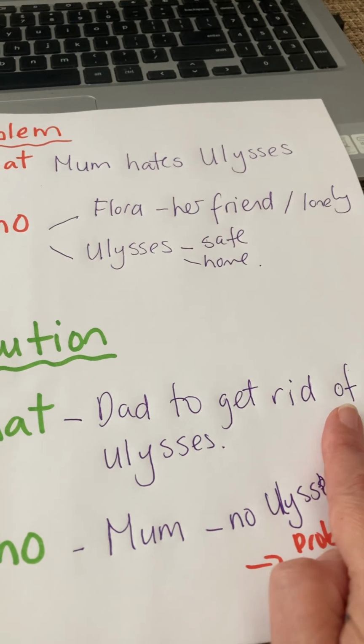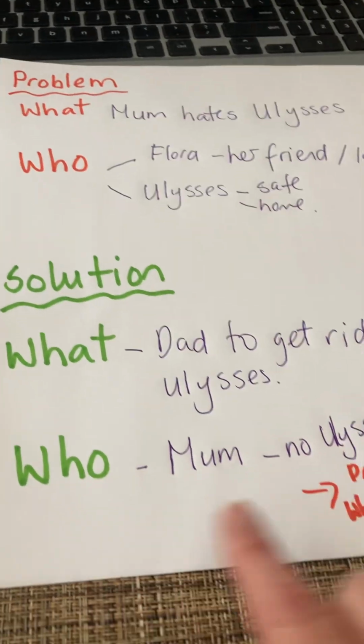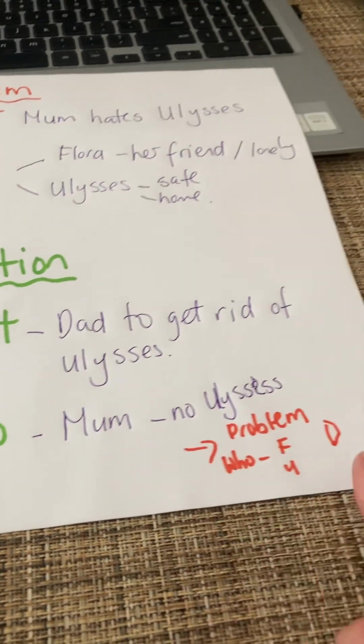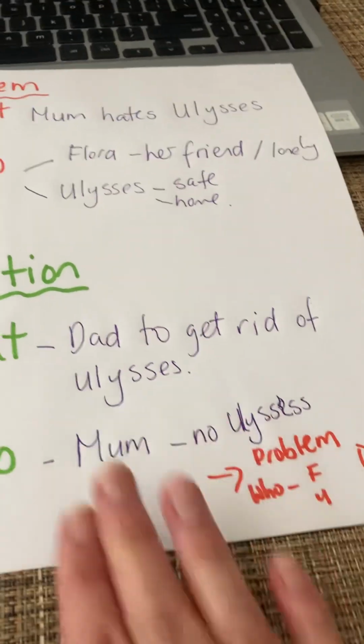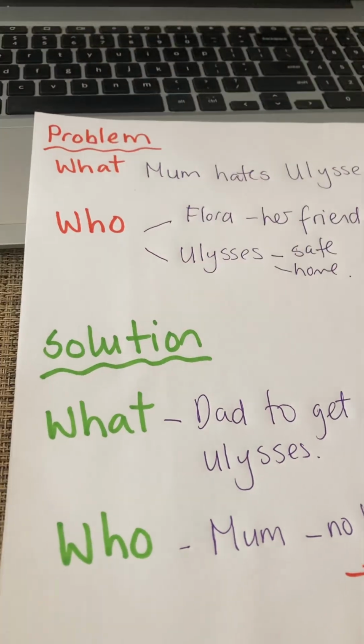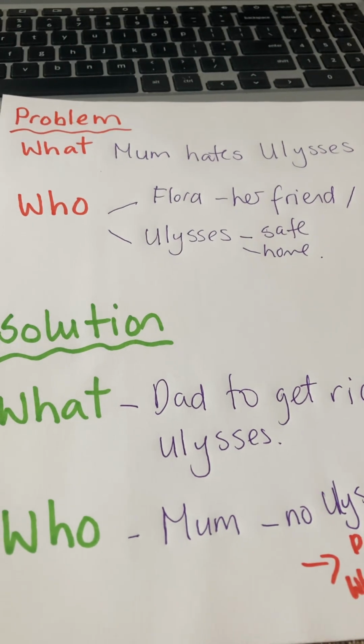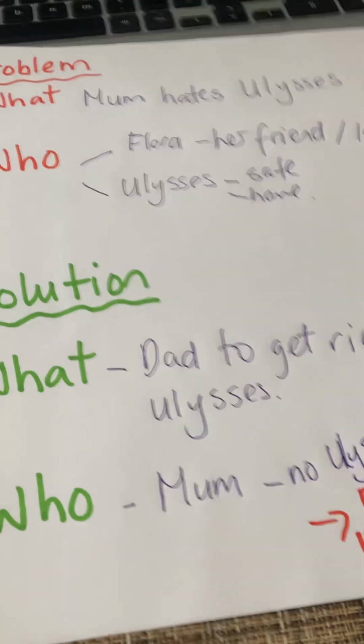What's the solution? Who's the solution for? And if you want to tell me that there's a further problem, you can make a little bit of notes, but I want you to look at what's the problem, what's the solution, and we'll work together on these in class, okay?